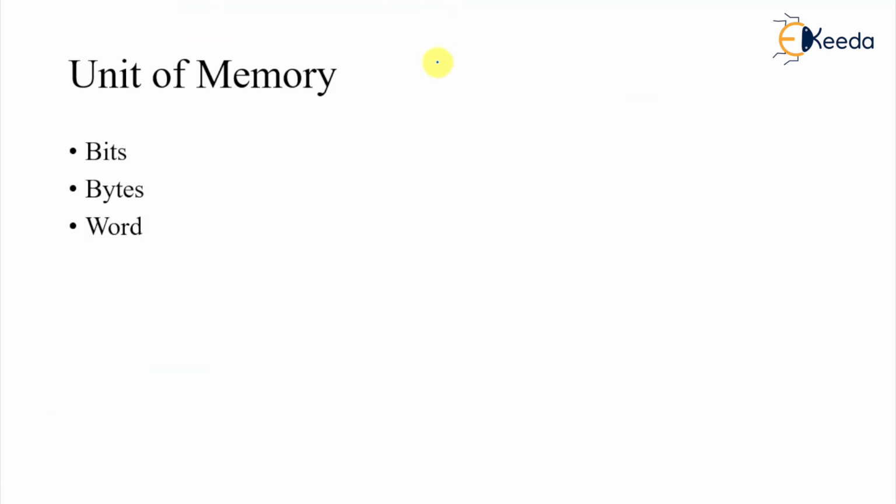Units: the basic smallest unit is a bit, which can be either 0 or 1, or we can group them in a byte, a group of 8 bits.